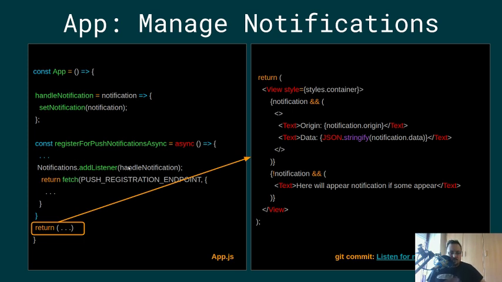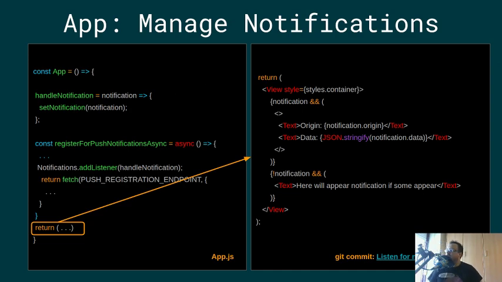So before we had this method, a listener, and we said, okay, every time a notification comes, pass it to the handler. We have to describe what we want to do with it, and we say, okay, we set notification to notification. This is the set state for the notification.